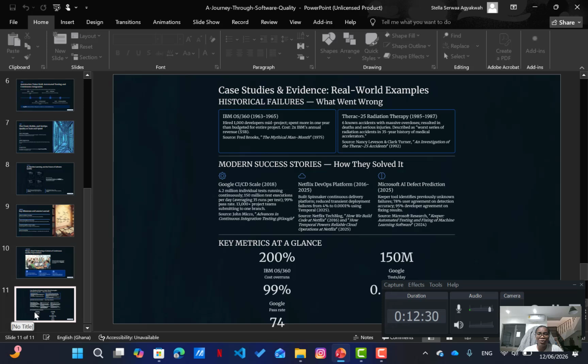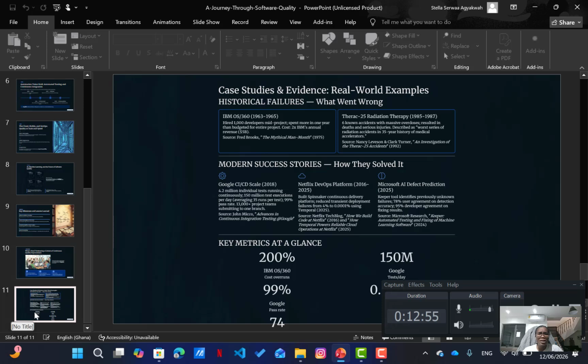Modern success stories. Google runs millions of automated tests daily, helping to maintain software quality at a massive scale. Netflix uses advanced DevOps and continuous delivery practices to achieve an extremely low deployment failure rate.